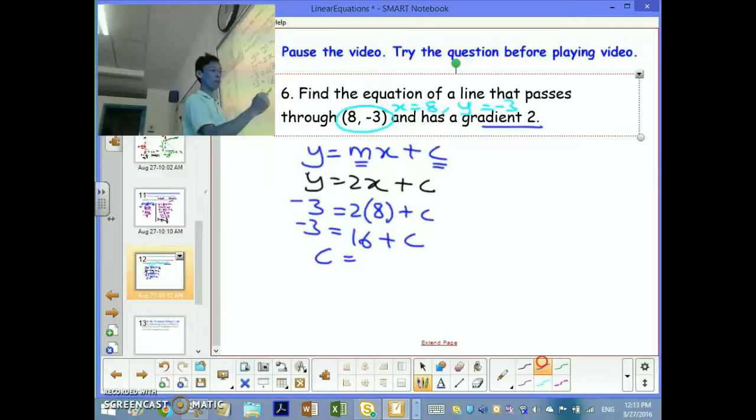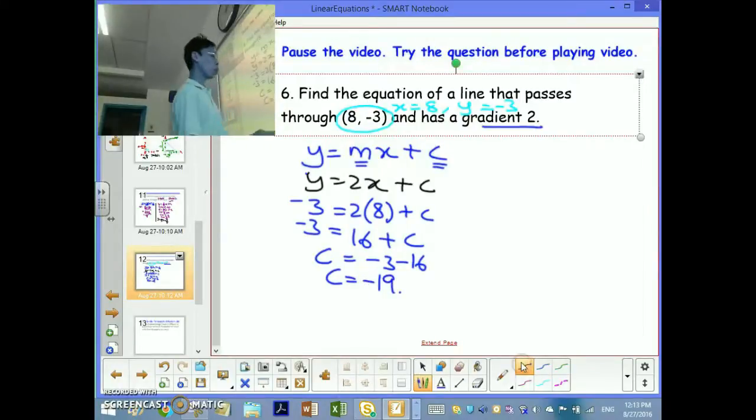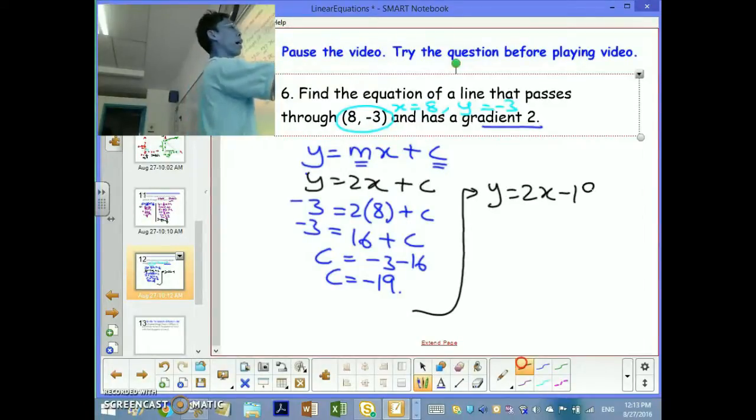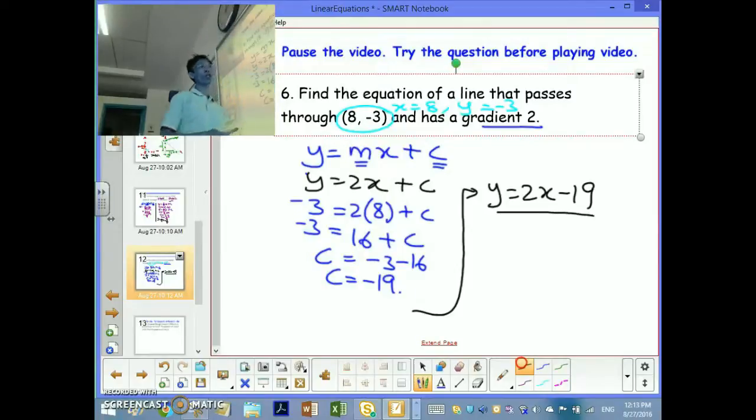Therefore, c is negative 3 minus 16, or c is equal to minus 19. Therefore, the equation here is y is equal to 2x minus 19. So this is the equation of the line.